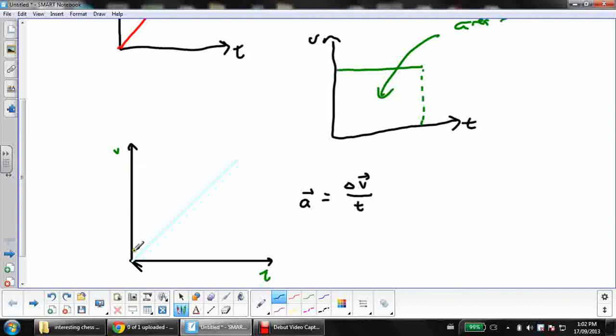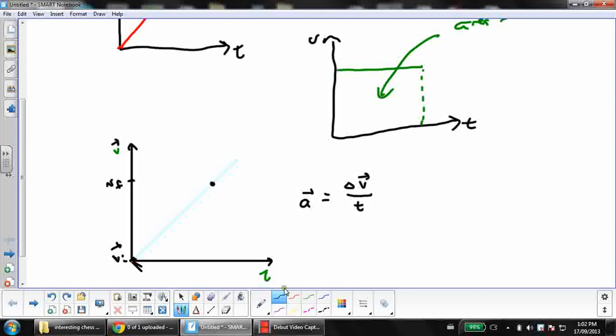So let's say that I'm going to start at VI, and I'm going to go up to VF, yes, and that would be right about here on my graph, and here on my graph.